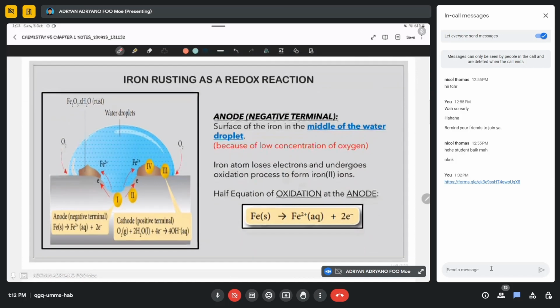So at the anode, okay, is the surface of the iron in the middle of the water. Okay, anode is middle of the water droplet. 为什么？因为 anode 那边我们知道 anode undergo what reaction? Oxidation.